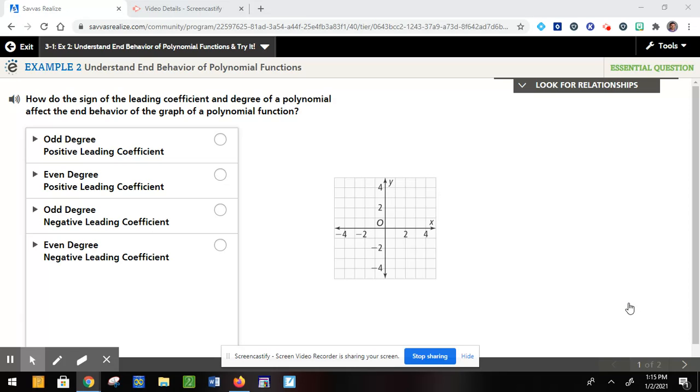The first thing we're going to look at is an odd degree and a positive leading coefficient. Here are three examples of that scenario. f of x equals x is a degree of 1, so it's odd, and the leading coefficient is 1, so it's positive. That's just the diagonal line y equals x.